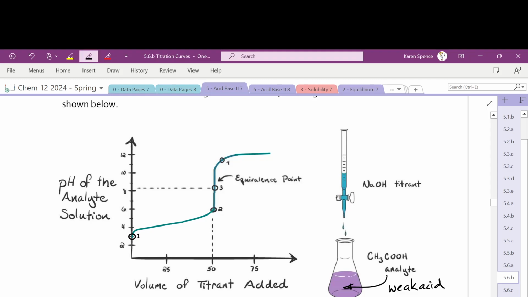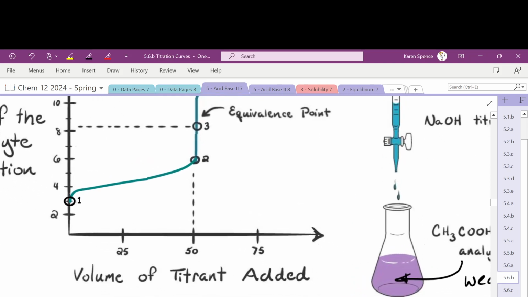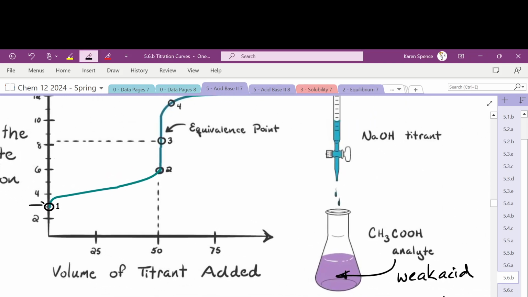And let's assume it's 0.01 molar, just to make it like the other one. What do you notice about the pH? Is it equal to the constant? Does it give you the same as the concentration of the acid? No, it's a little bit higher because weak acids do not dissociate completely.